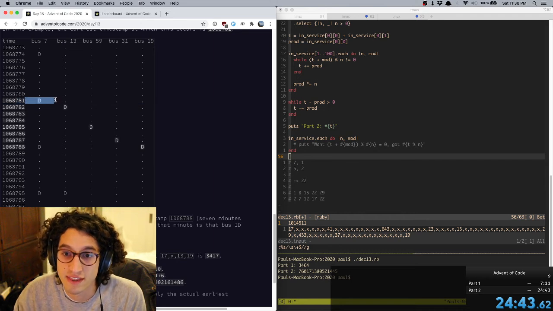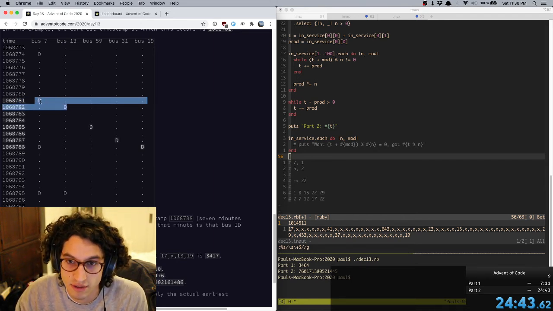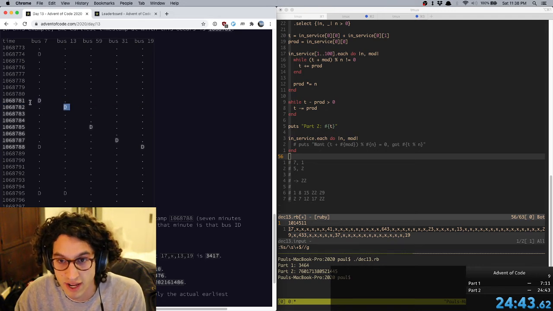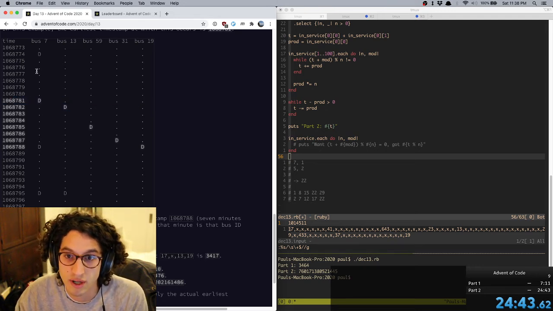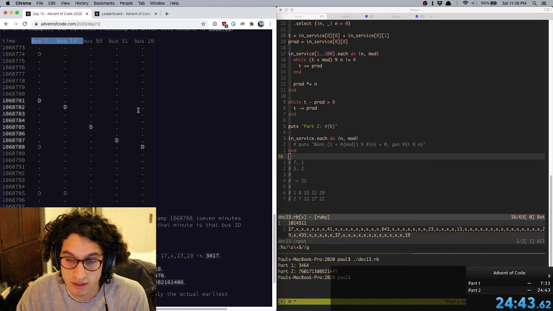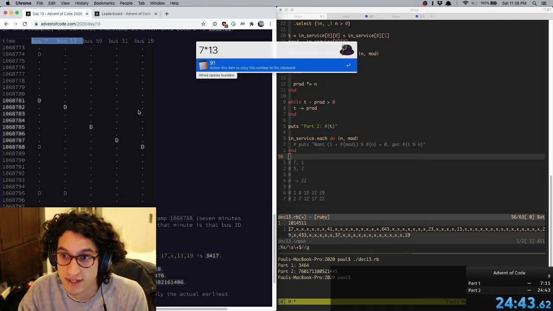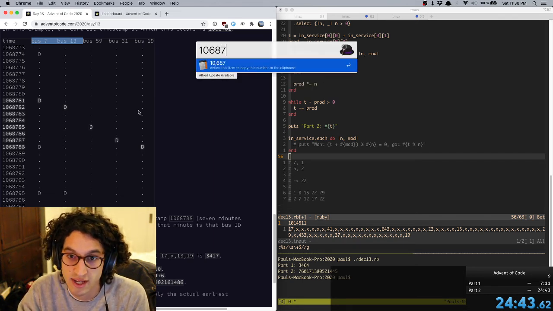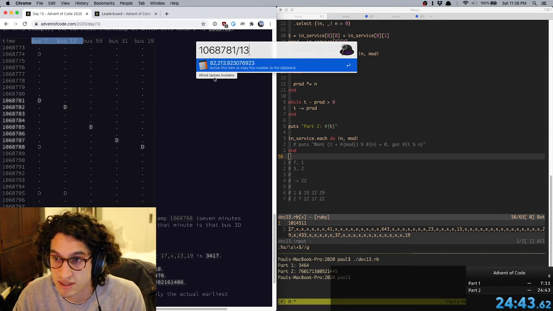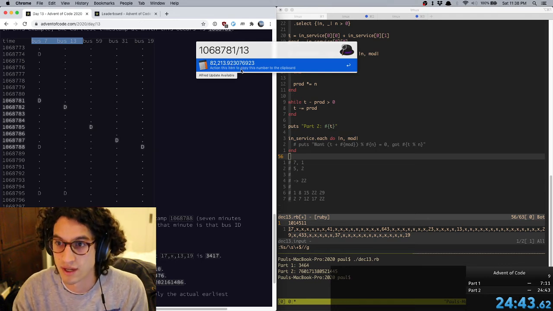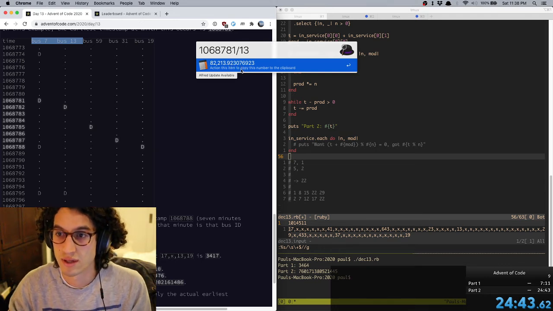And so to find the next increment where you have bus 7 leaving and then 13 leaving 1 after, you have to go 7 times 13, 91 later. So 1068781 divided by 7 is even. By 13 is basically 12/13, 92.92.